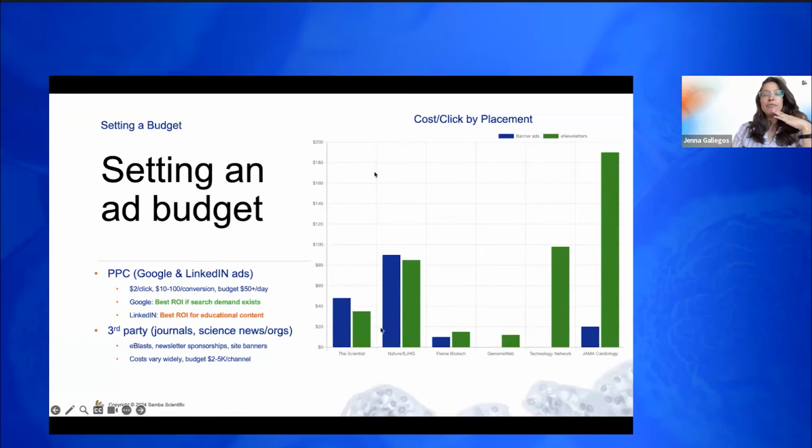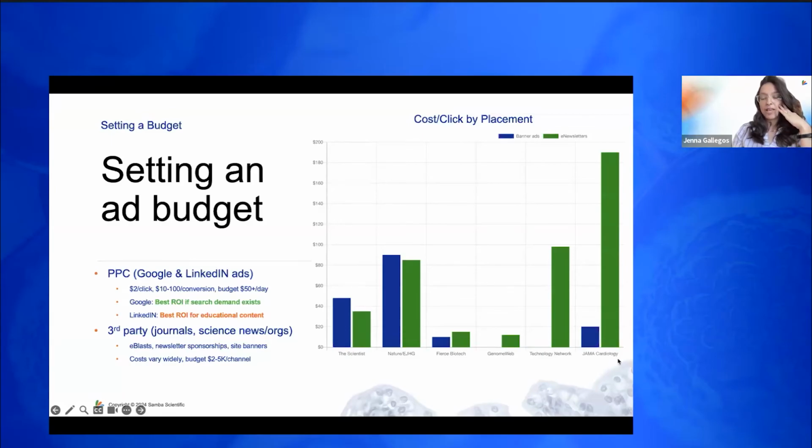We pulled some data for a few different channels here, and this is for a single campaign for a single client, so take that with a grain of salt. But as you can see, the cost per click can differ widely depending on the ad type, banner ads versus newsletters, and depending on the channel. And this is just a small sampling of the channels that we've worked with and tested.